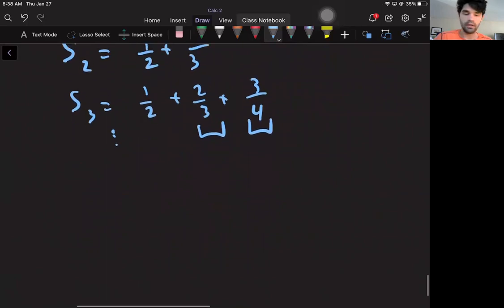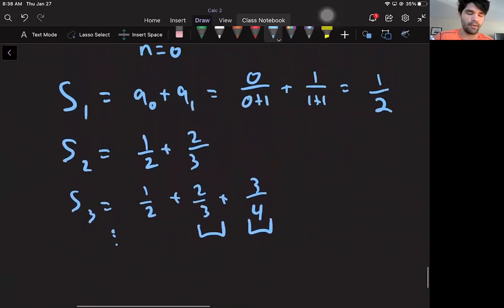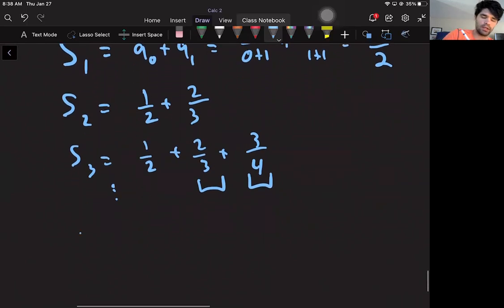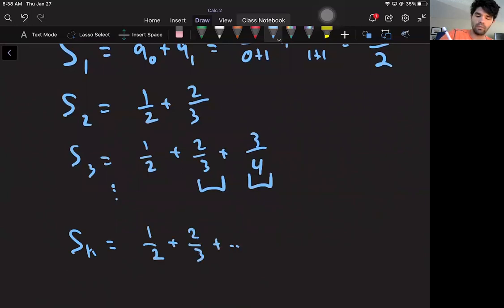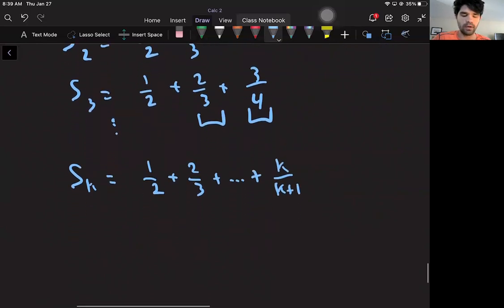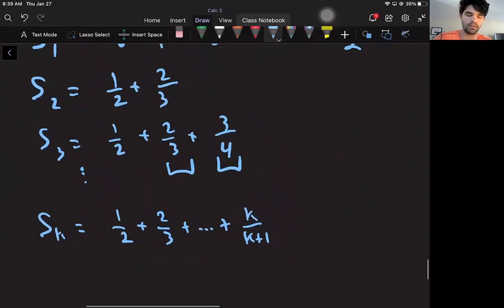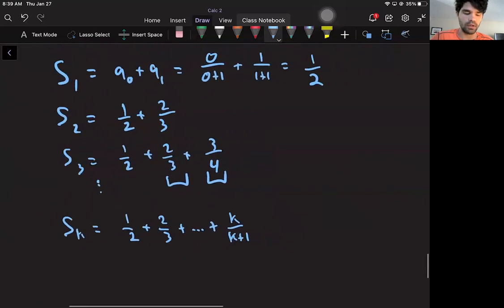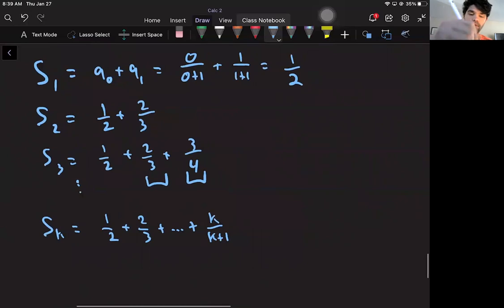So let's see. Let's try to figure out a pattern that's simpler than these, because it will actually be hard to figure this out. It'll be hard to determine an explicit formula for that. So we're going to cheat again by thinking about size.